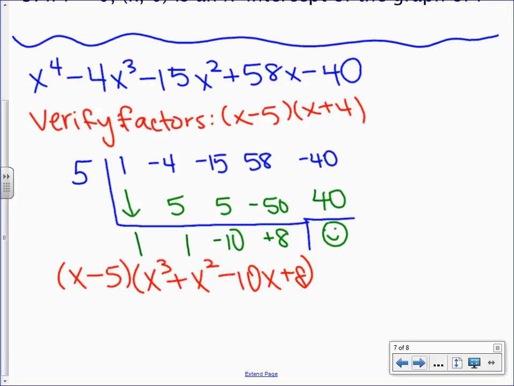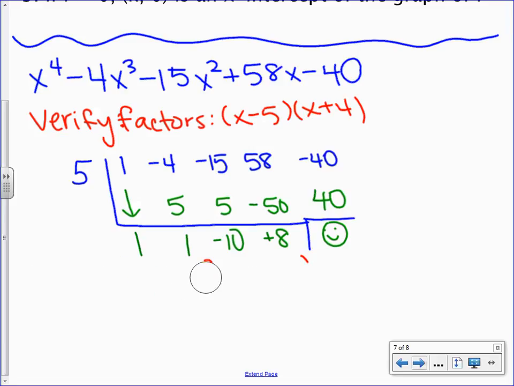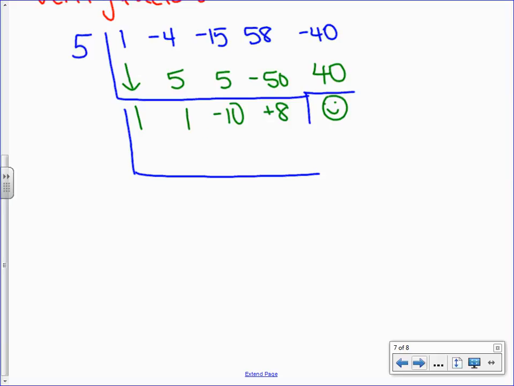So instead of dividing back into the original, we can divide x plus 4 out of this one right here. So we already have this synthetic division set up. You can just make a new synthetic division problem right here. Okay, save you some room on your paper.